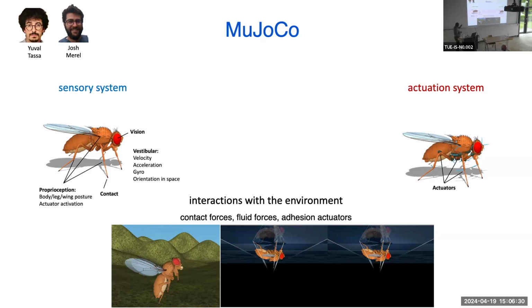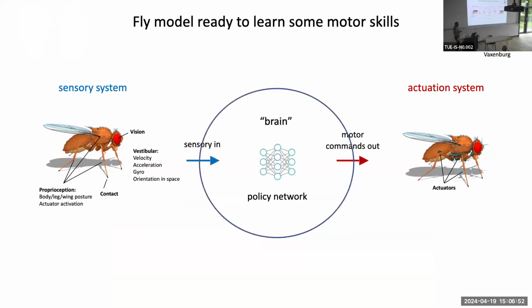So my colleague Yuval and his collaborators put together a phenomenological simulation of the fluid. And flies can also walk upside down and on walls. And so this is another thing that they extended this physics simulator to be able to model.